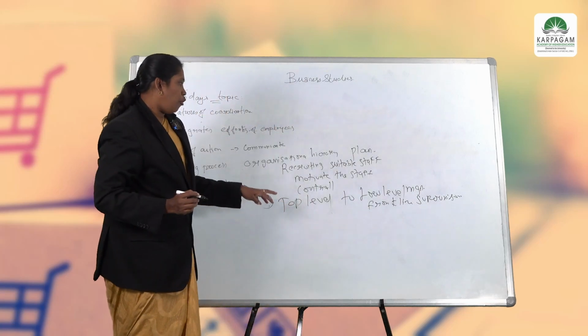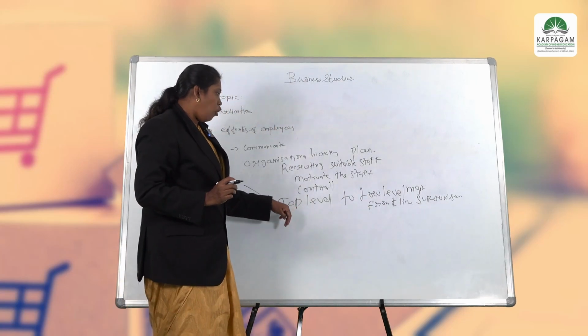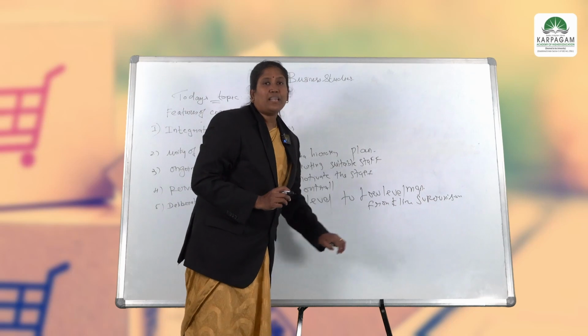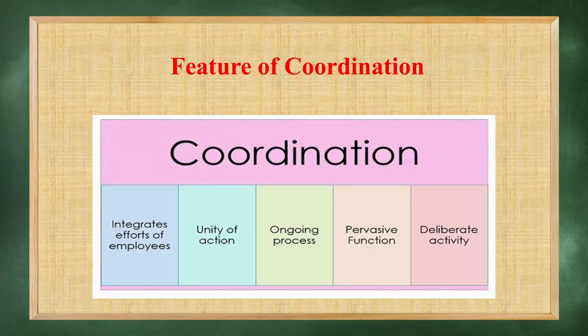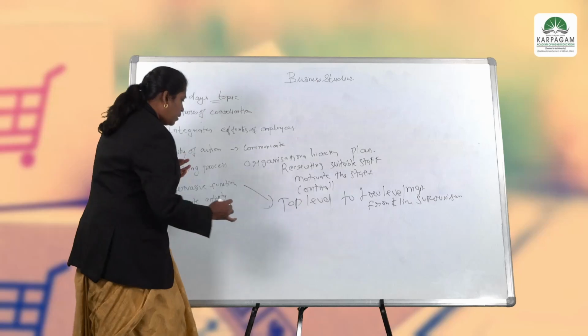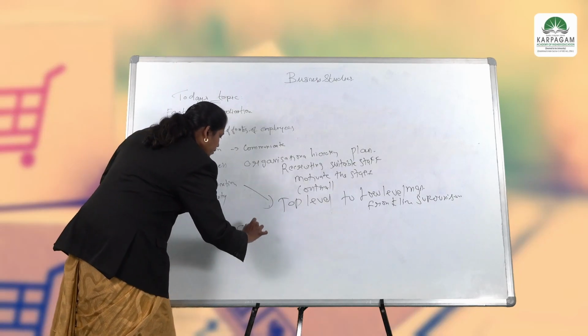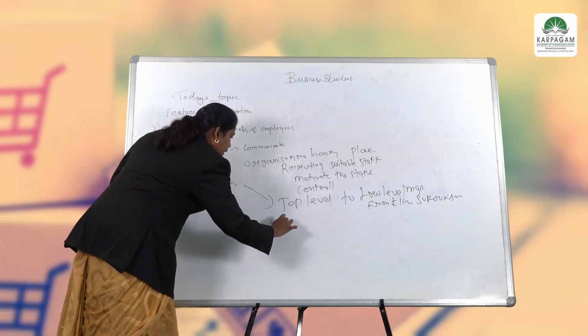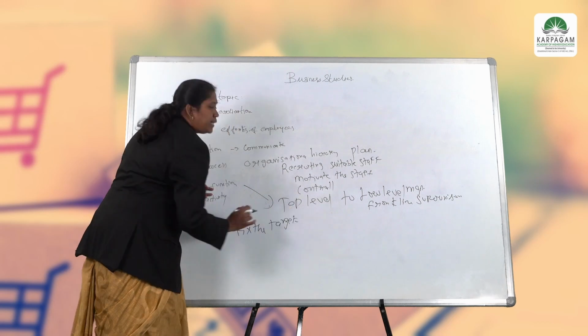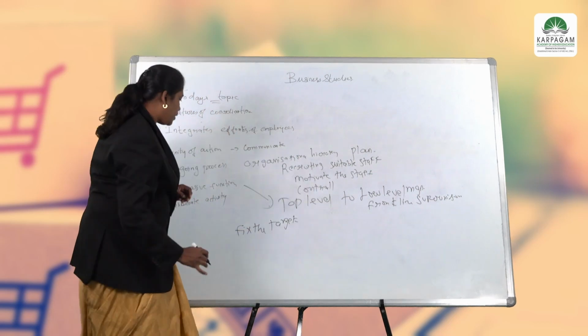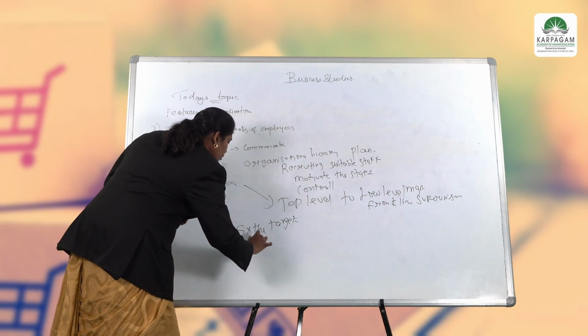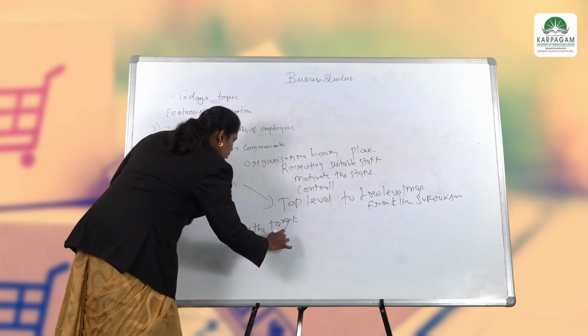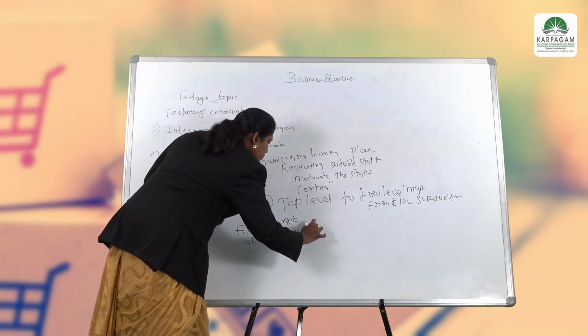So there must be proper coordination right from the top level till front line supervisors. The last one under features is deliberate activity. Deliberate activity means there must be coordination while fixing the target. Target is nothing but the objectives of an organization. Allocating of resources.